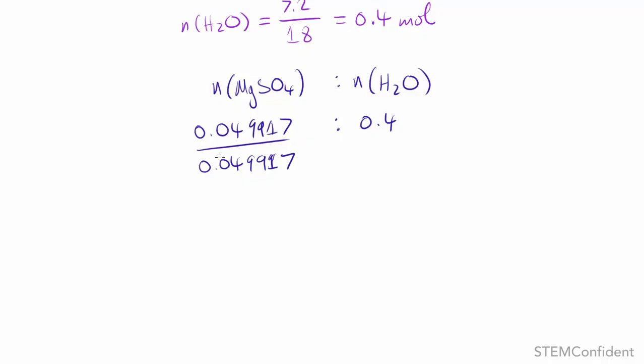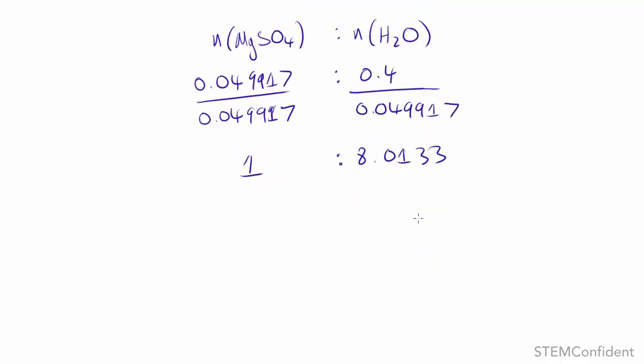But because we're dividing the left-hand side by this, what you do to the left-hand side, you also need to do to the right-hand side. So I'm also going to divide the right-hand side by that value, 0.04917. That gives me 1 on this side, and on the other side it gives me 8.0133.